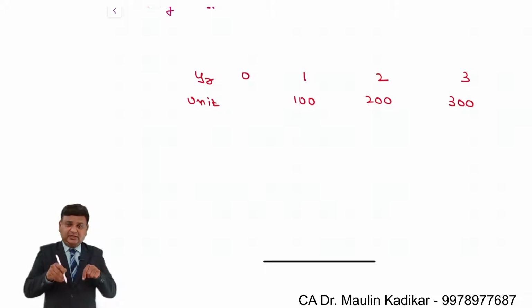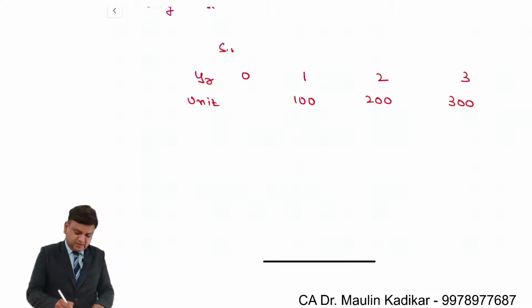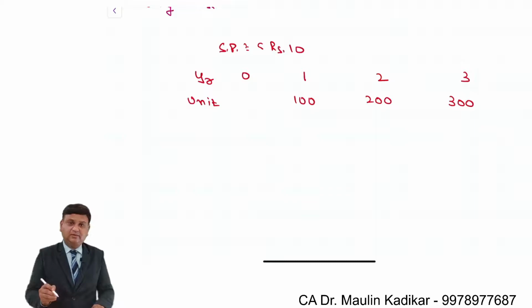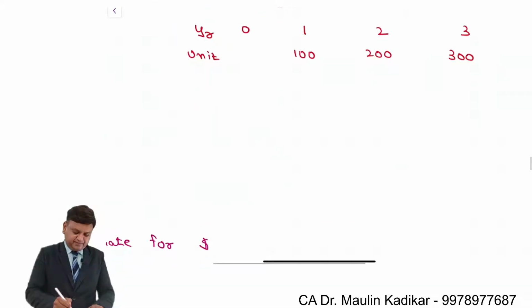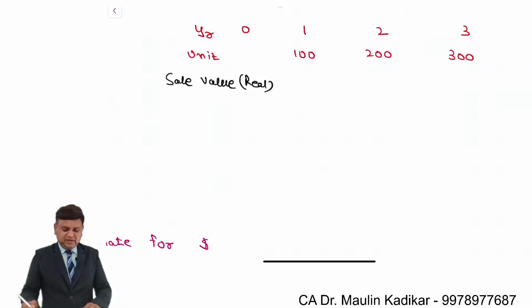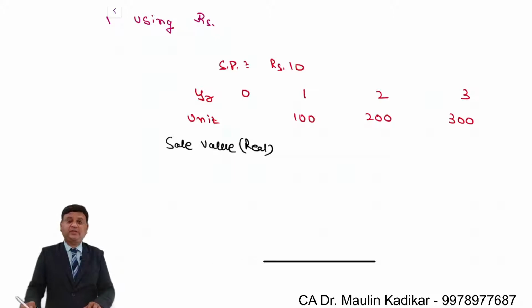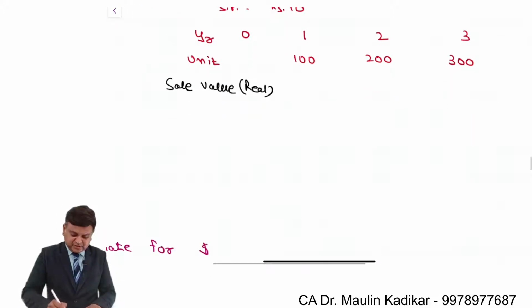Taking into account the current price, the selling price of the product is, let us say, rupees 10. Then in that case, in technical language, it is said that sales value in real term, without taking into account inflation, is 1,000, 2,000 and 3,000.